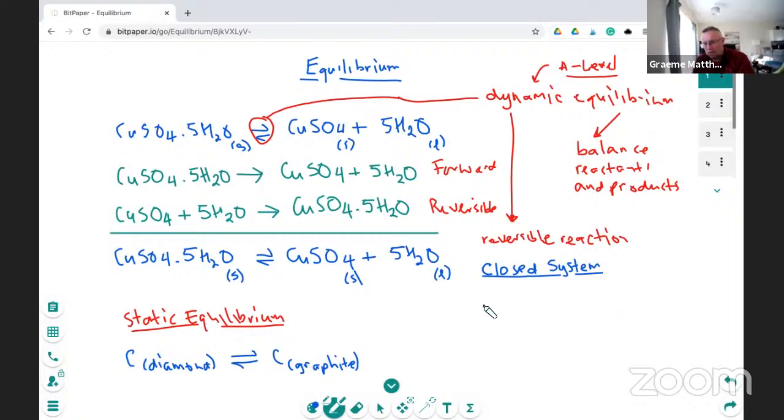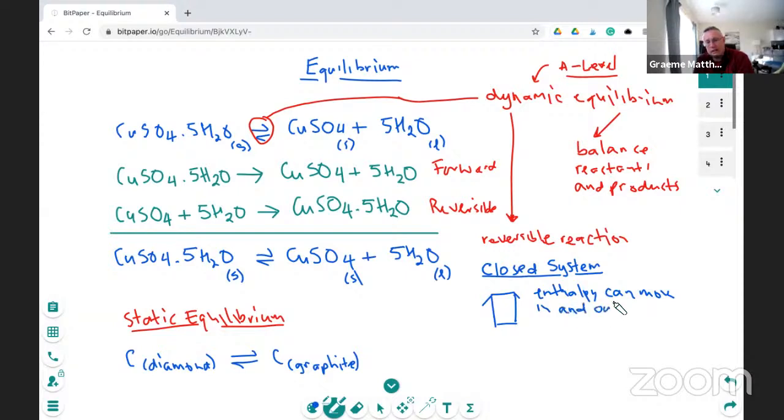Why? Because a closed system means this. So here's my coffee cup like this. Enthalpy, heat, yeah, heat can move. Enthalpy, energy, heat can move in and out.